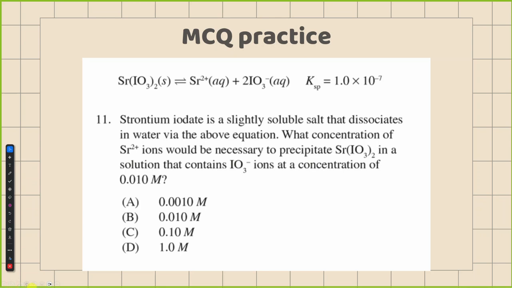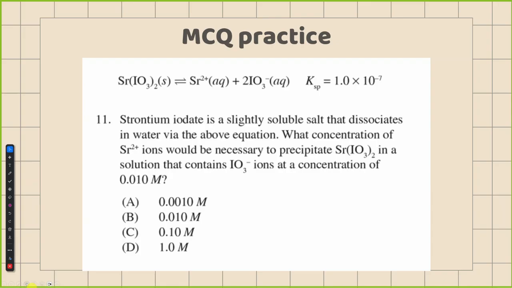Okay, more MCQ practice. Strontium iodate. This one's a Ksp. Concentration of strontium ions necessary to precipitate out in a solution containing iodate ions at a concentration of 0.10.